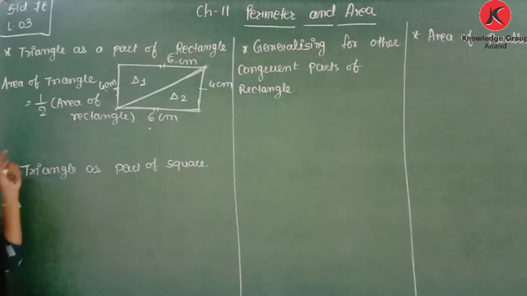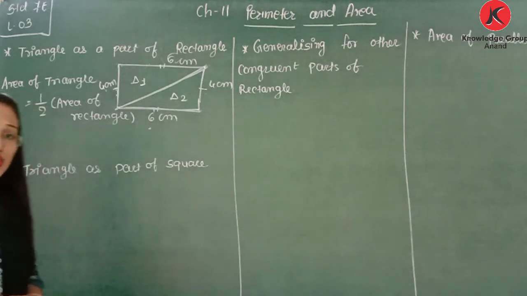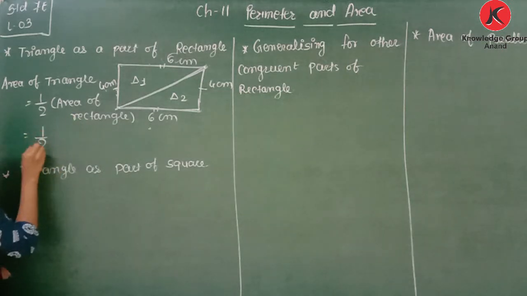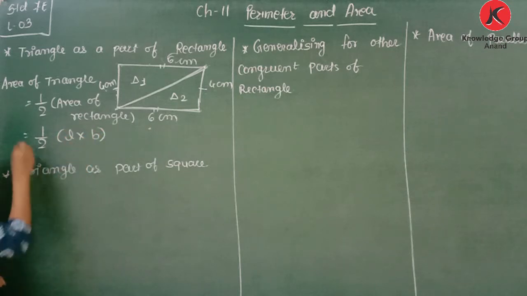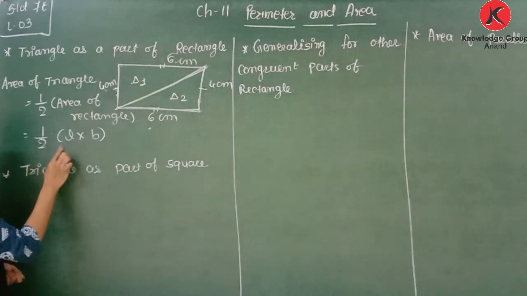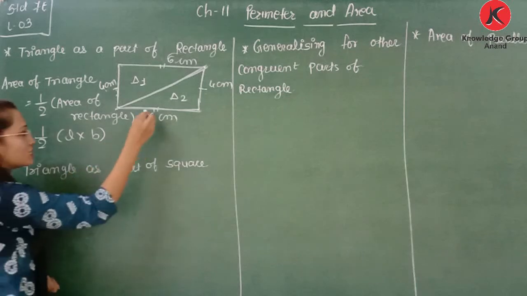Why? Because they are divided into congruent parts, and congruent means same part, and same part means they are equal. So if we want to find the area of a rectangle, that is L multiply B. So the equation for the area of a triangle as a part of a rectangle, we can find as 1 by 2 length multiply breadth.